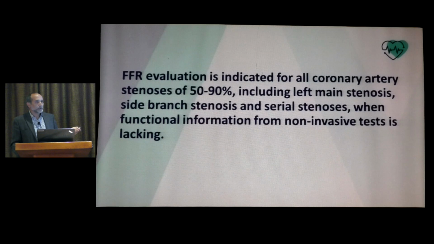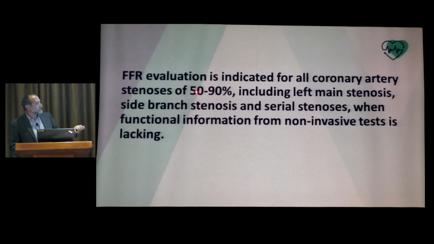Now, we have to know that in guidelines, in recommendations, FFR evaluation is indicated for all coronary lesions that are between 50 and 90%. Look at this. And oftentimes we find a lesion that we estimate at 70%, and we reflexively come to the conclusion that this lesion is significant and warrants intervention.